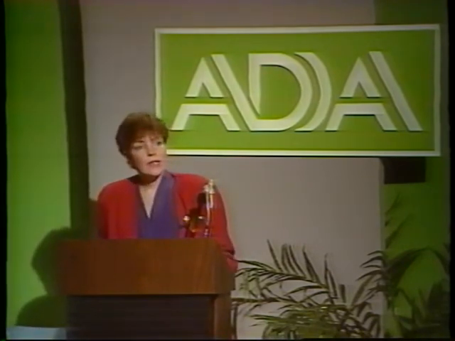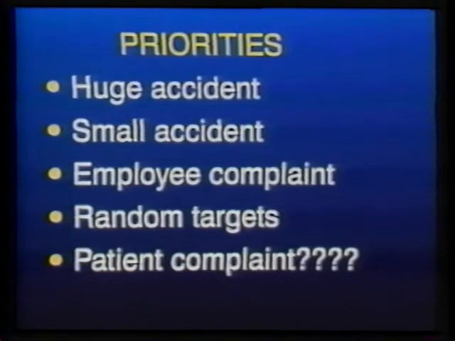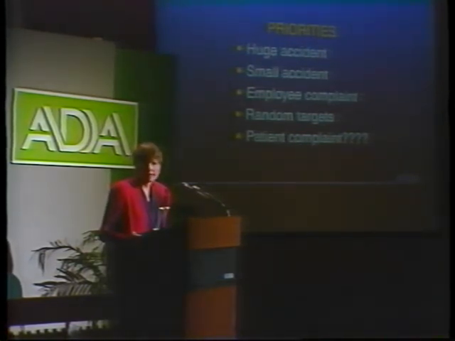Since OSHA has only a limited number of resources available to it, it has to have a set of priorities for conducting inspections. And it's a very reasonable set of priorities. First of all, if there's a huge accident, for example, a chicken factory fire in North Carolina, a Union Carbide explosion, that sort of thing, where lots of people are killed or seriously injured, and there's a serious concern about the safety of lives in a large setting.